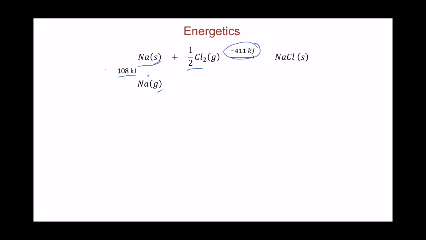Next step is going to be ionizing those gaseous atoms of sodium. Ionization is the energy needed to overcome the attraction that the valence electron feels. So again, you need to put that much energy to ionize the sodium atoms to sodium ions.